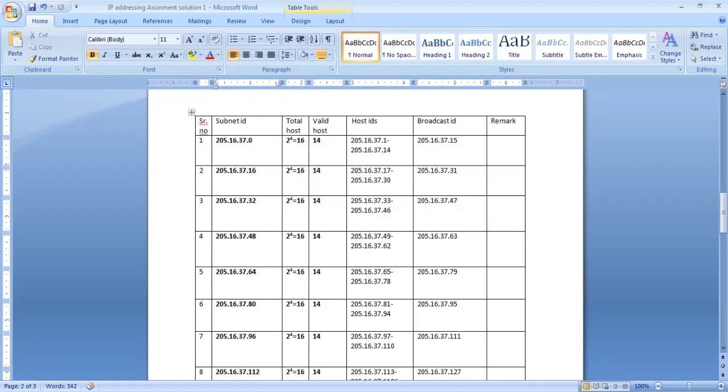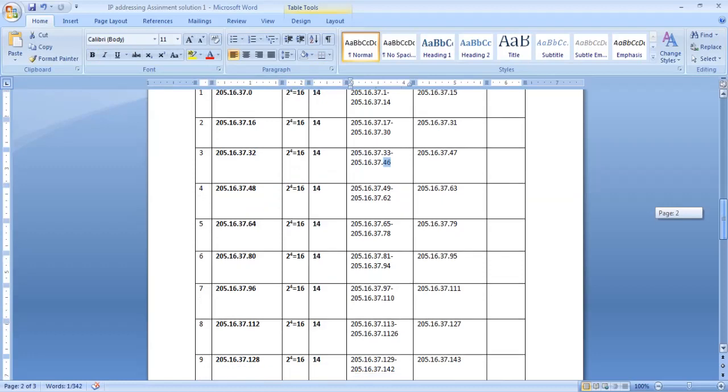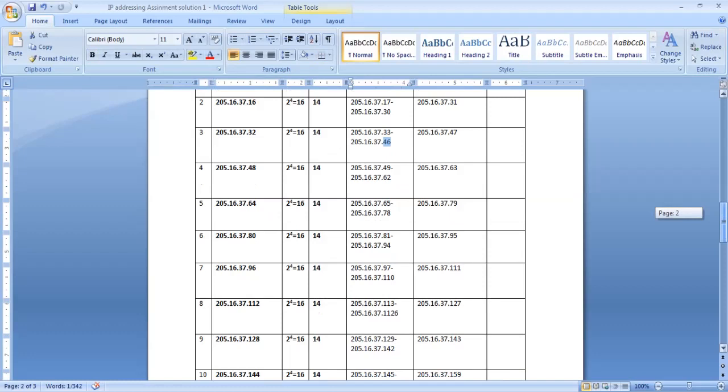So on this subnet, the hosts start from 205.16.37.33, the last host address is 37.46, and 47 is the broadcast address. In this pattern, we find all the subnets, their host IDs, valid host IDs, and respective broadcast addresses.